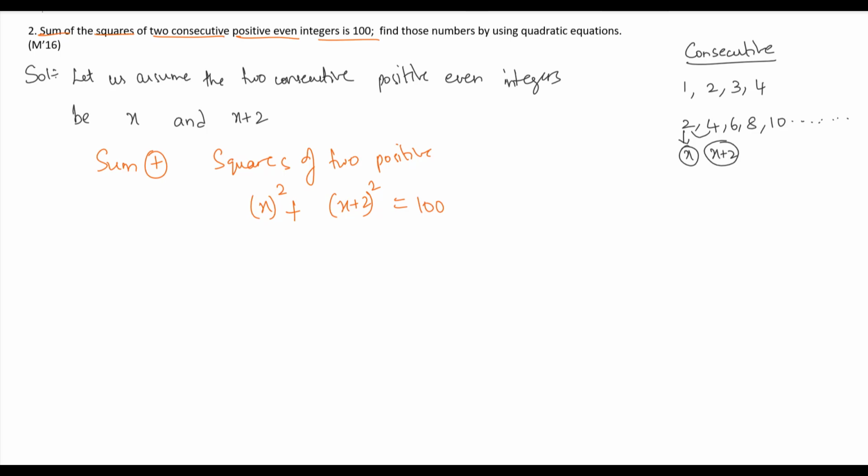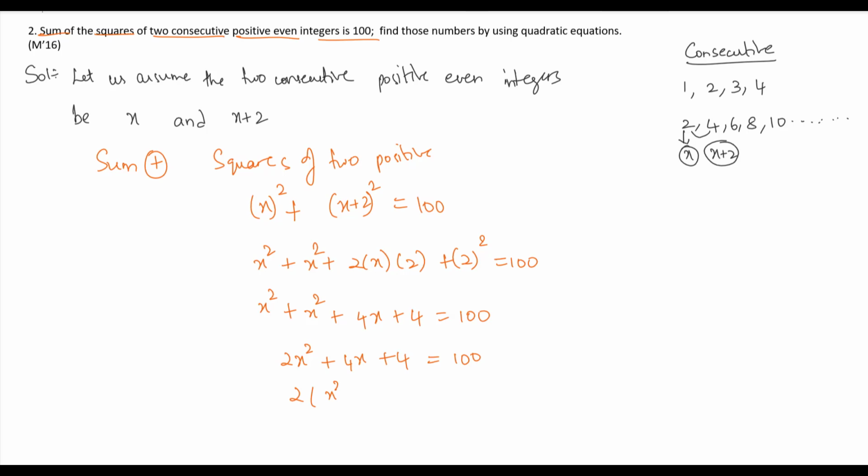So now that we formed the statement, from the statement we got x square plus 2 into x into 2 plus 2 square, which equals 100. That is x square plus 4x plus 4 equals 100. 2x square plus 4x plus 4 equals 100.